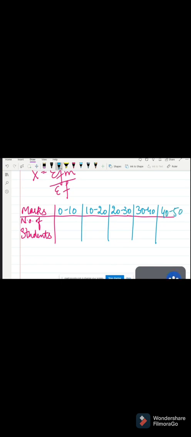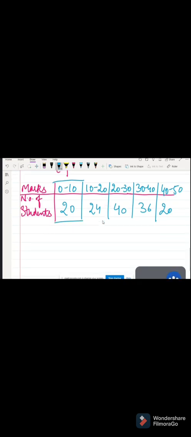And corresponding frequencies are also given: 20, 24, 40, 36 and 20. So this is continuous series where class intervals are given and corresponding frequencies are given, right? So how can you calculate mean in this series?